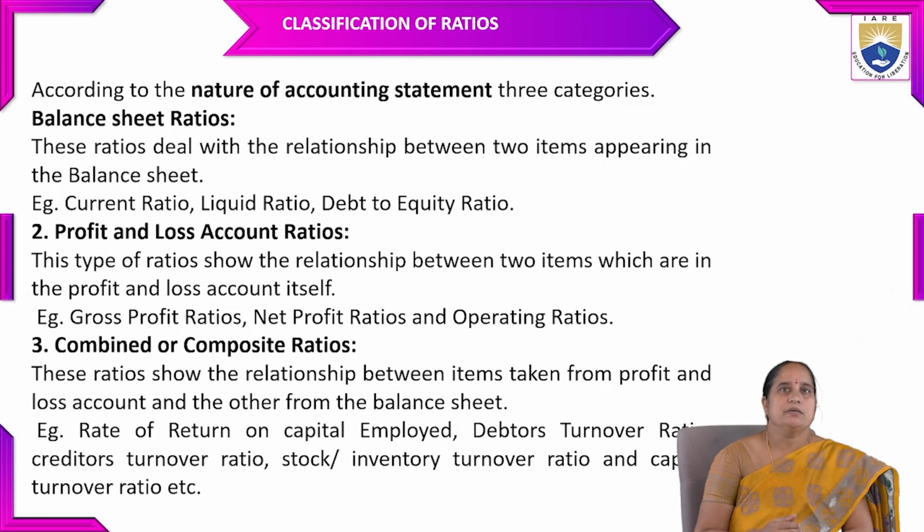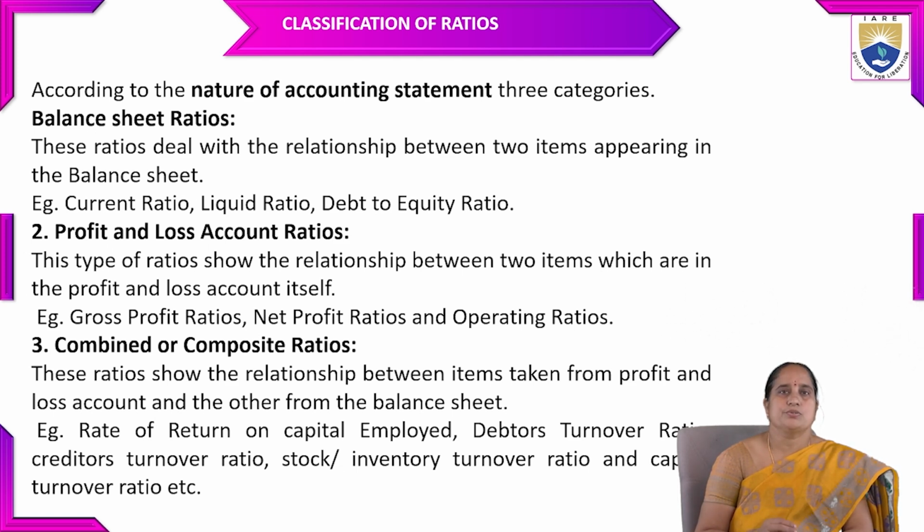And second, profit and loss account ratios. This type of ratios show the relationship between two items which are in the profit and loss account itself, such as gross profit ratio, net profit ratio, operating ratio comes under this category. And third one, combined or composite ratios.